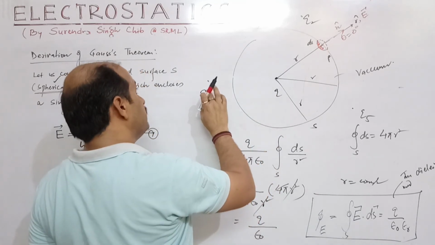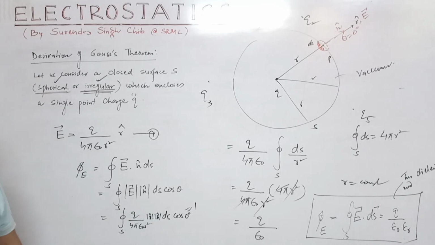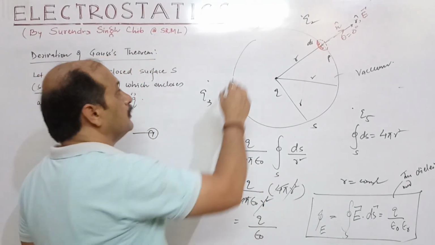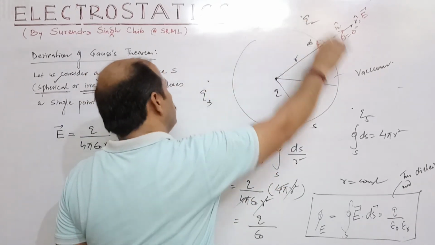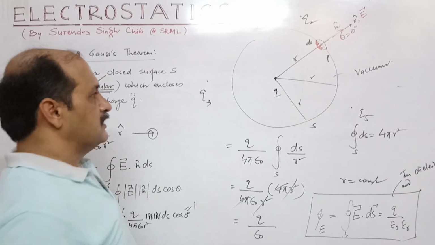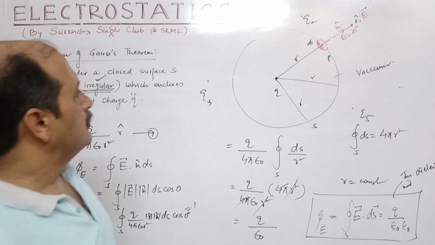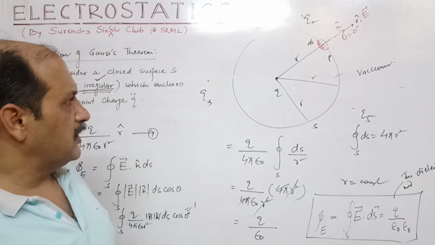It is independent of the charges outside the Gaussian surface. It will seem very strange to you, but it happens that if a Gaussian surface has only one charge inside and many charges outside, the flux remains the same, q upon epsilon naught. Charge outside the Gaussian surface doesn't contribute to the flux. This is the one thing more that I wanted to say.